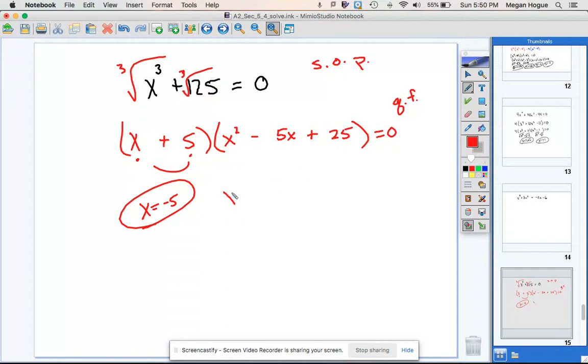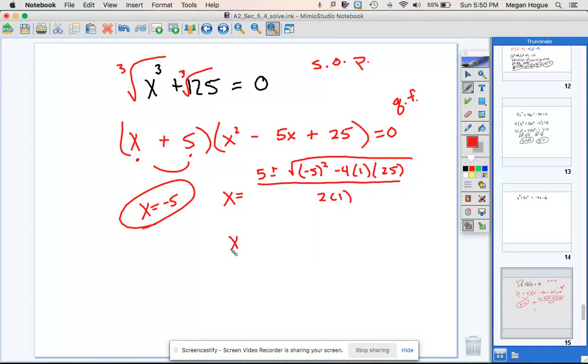Here it goes. See if you can do it. Since we did that one practice earlier, maybe see if you can do it without me. I'm going to have positive 5 plus or minus square root of negative 5 squared minus 4 times 1 times 25, all over 2 times 1. 5 plus or minus, let's see, this is 25 minus 100.